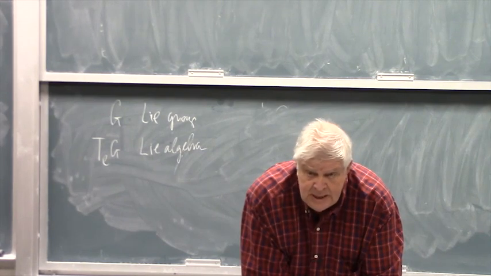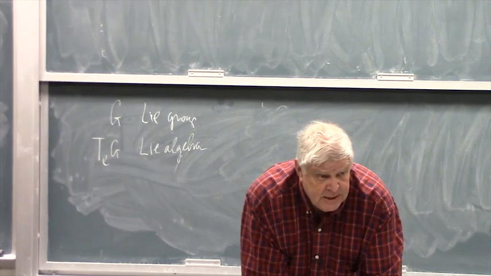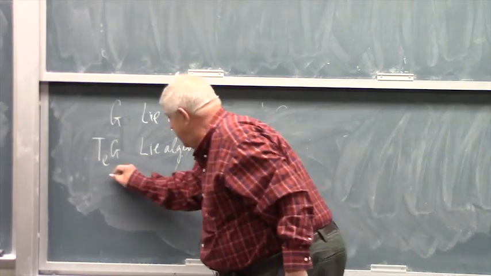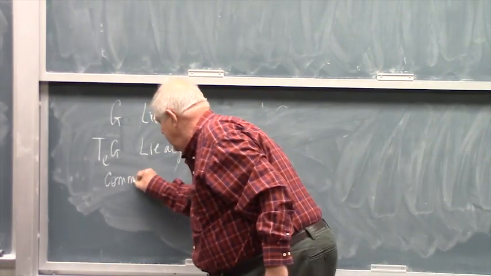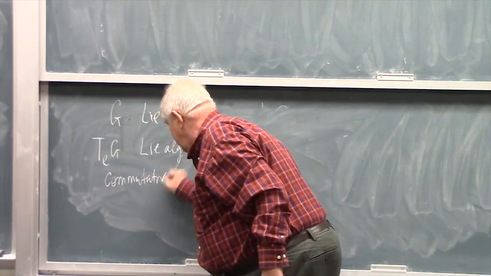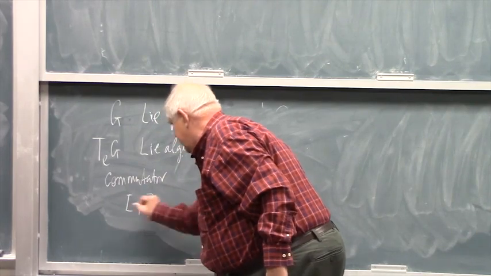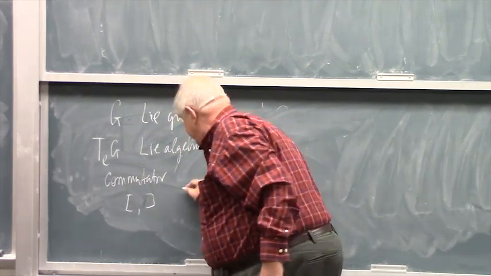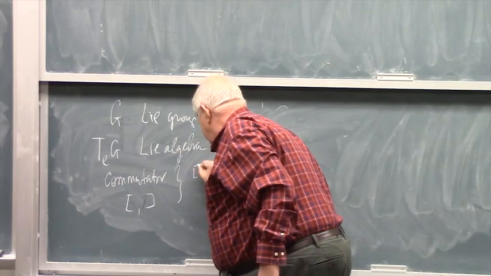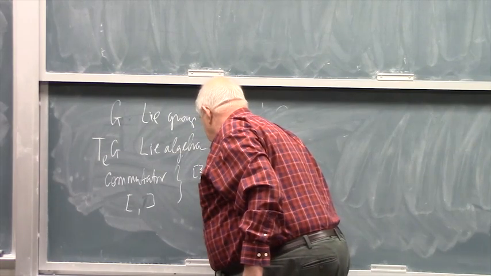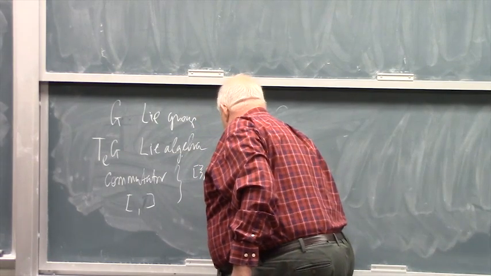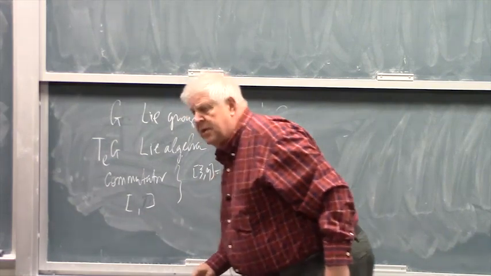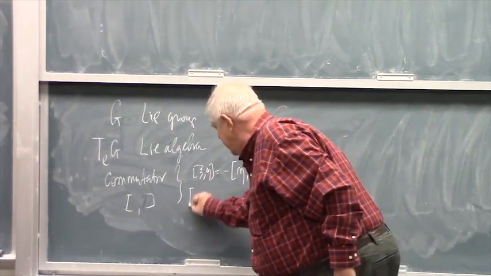One is anti-commutativity, that is, the commutator, this is the notation for it. And now the axioms are the properties: anti-commutativity and the Jacobi identity.